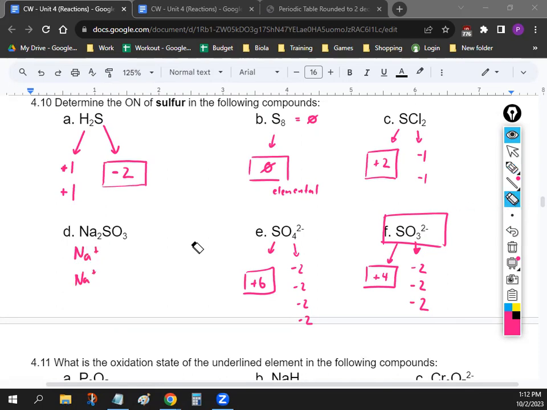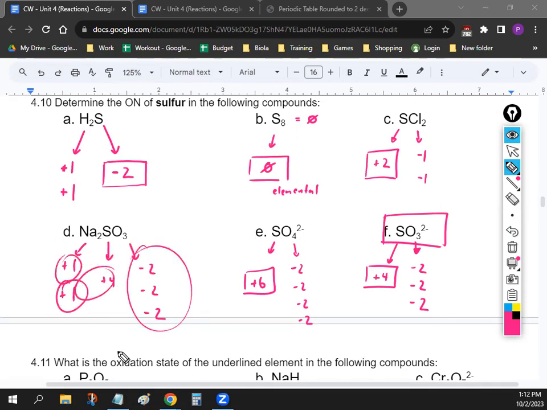Yes, +1. Both of these sodiums are +1. If you wanted to do it the long way, you can. It'll be +1, +1. We know that oxygen is -2, -2, -2. Sulfur needs to balance this out, so it has to be +4 because +6 balances out the -6. That's another way you can look at it.